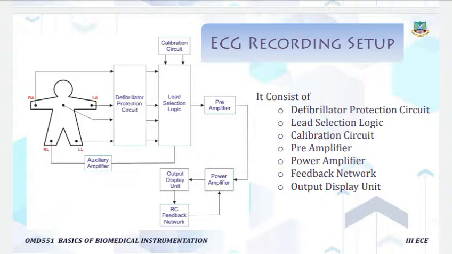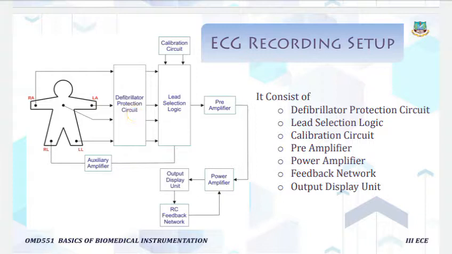The patient cable connects the different leads from the limb and chest through the defibrillation circuit. This shows the connection of various electrodes on a human body, connected to the defibrillator protection circuit.